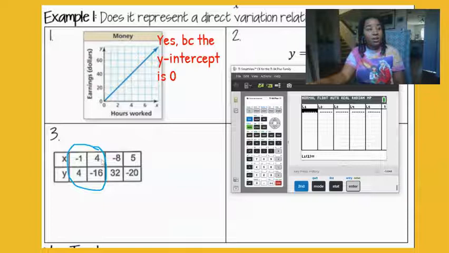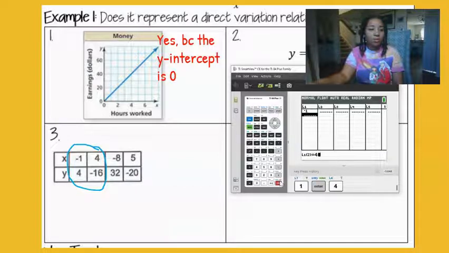I'm going to list my x values. So I have -1, enter, 4, enter, bam. Then I'm going to go across. I'm going to have 4, enter, -16, enter. And I feel like I'm doing this wrong. I don't know how. See, guys, my brain is still loopy.